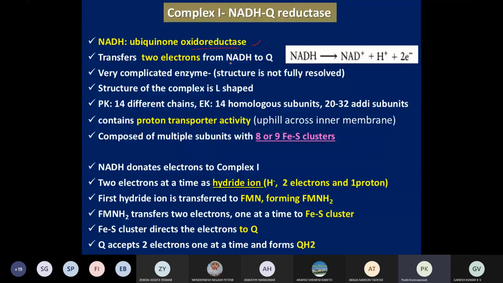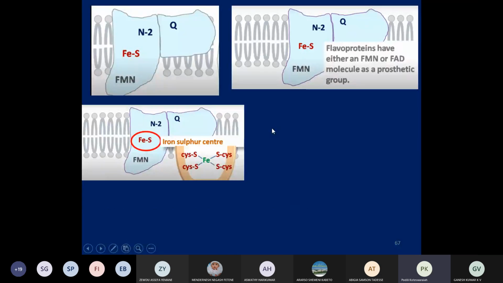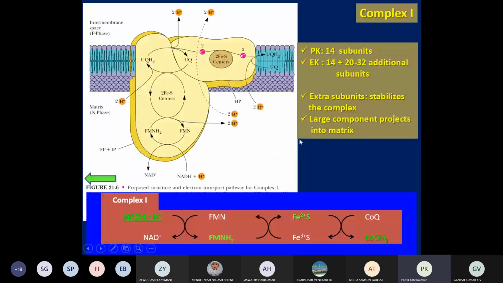It catalyzes the transfer of 2 electrons from NADH to ubiquinone. So this is the structure of complex 1, and here it is NADH, and it transfers these electrons. Complex 1 picks up electrons from NADH and donates them to ubiquinone, and ubiquinone becomes ubiquinol.